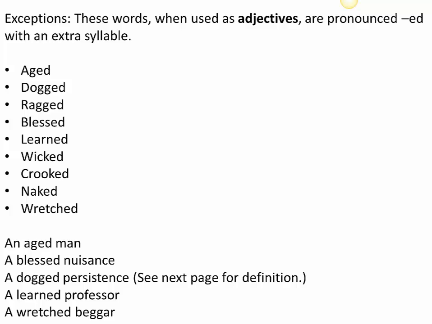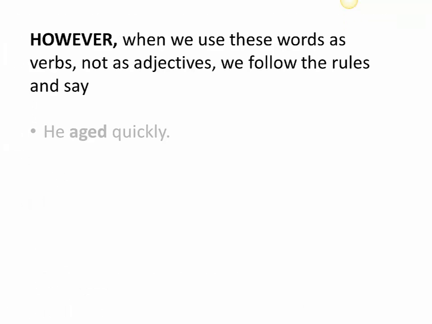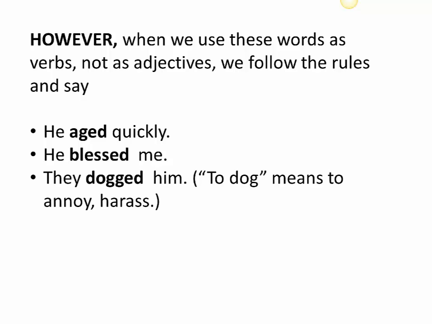The meaning changes here. A dogged persistence means you don't give up. It's not annoying. It's just you don't give up and you keep after your goal. Here, they dogged him. It means to harass someone, to cause them difficulty over and over again.